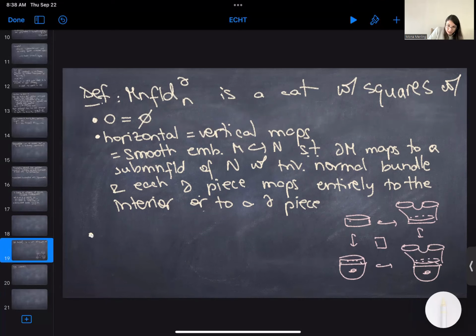And lastly, the distinguished squares. I'm not going to use the co-fiber notation, so I'm going to use different notations for these horizontal and vertical maps, but I'll try to switch the notation a little to indicate that all of these are now embeddings.